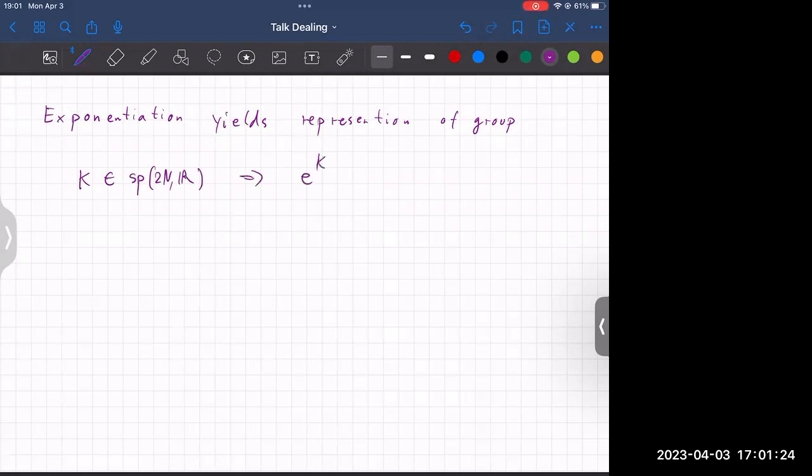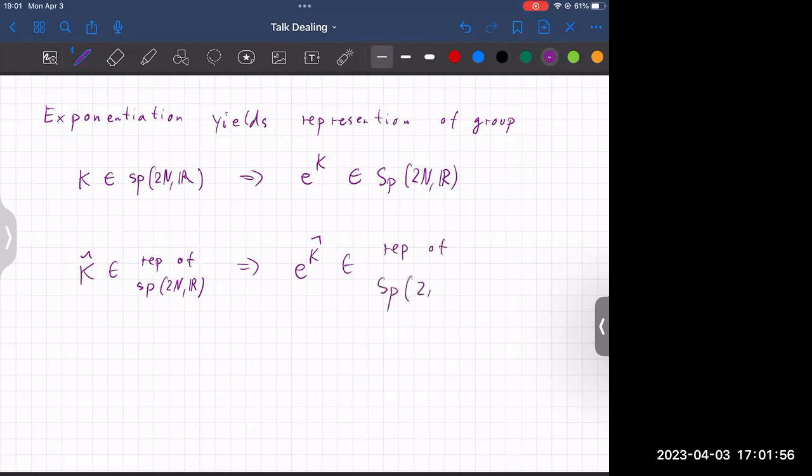Therefore, e to the K should be a representation of the group Sp(2n,R). But now, K hat is an element of a representation of the algebra. Therefore, e to the K hat is an element of a representation of Sp(2n,R), exclamation mark, question mark, is that true? And the answer is no.